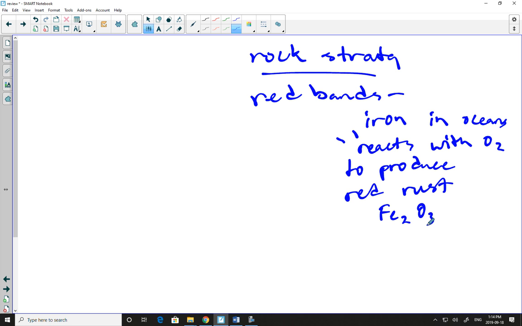Okay. Before oxygen was present, we saw the green bands. Any questions? Oh, sorry. Rock strata. When we examine rock from a long time ago, we see red bands. We know that's because there's iron and oxygen reacting together.